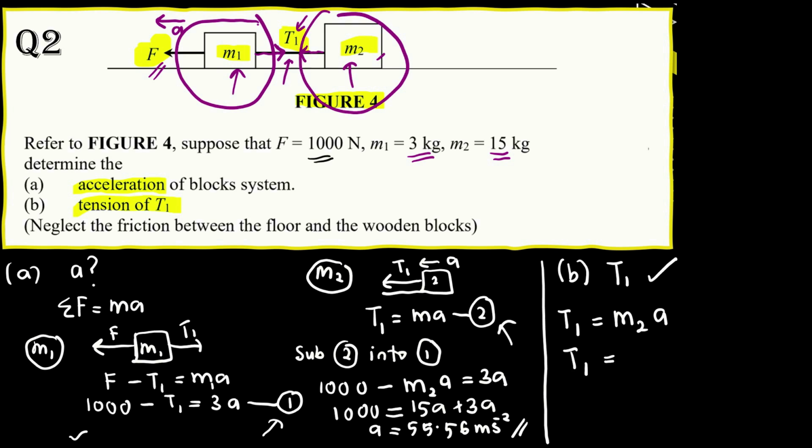Our M2 is 15. Our acceleration is 55.56. Finally, you'll get T1 is equal to 833.33 Newton. So as usual, please double check your calculation and also your final unit for your final answer.